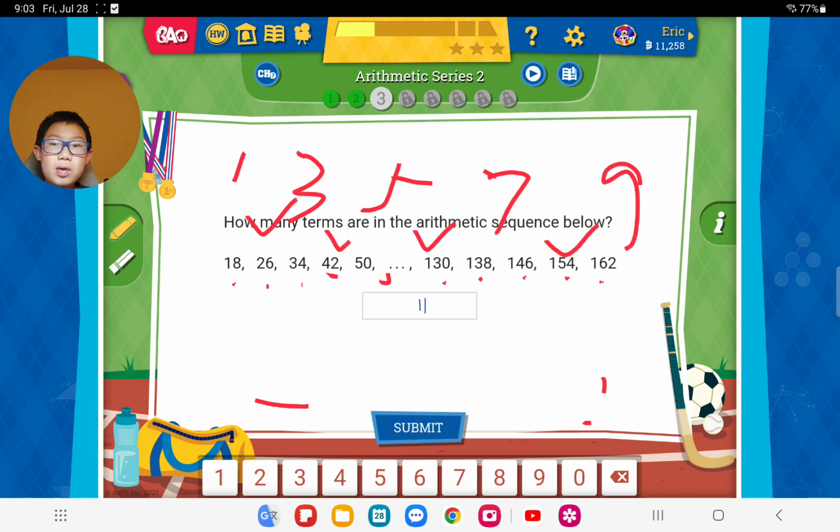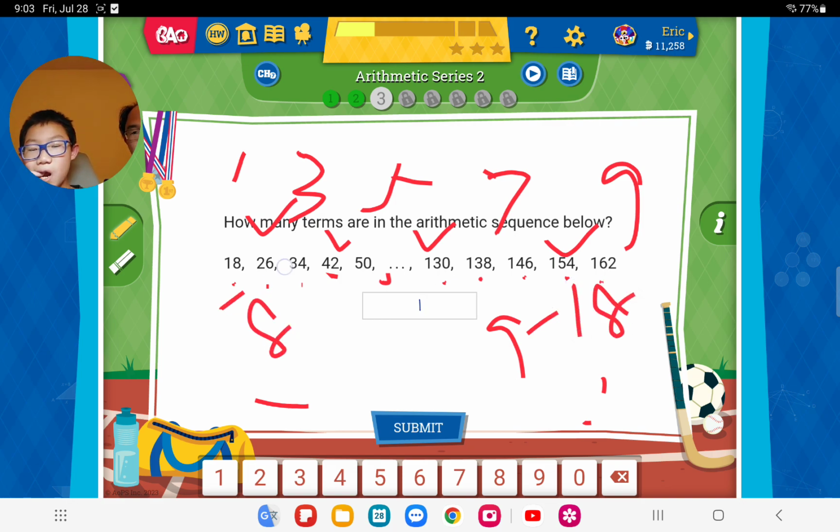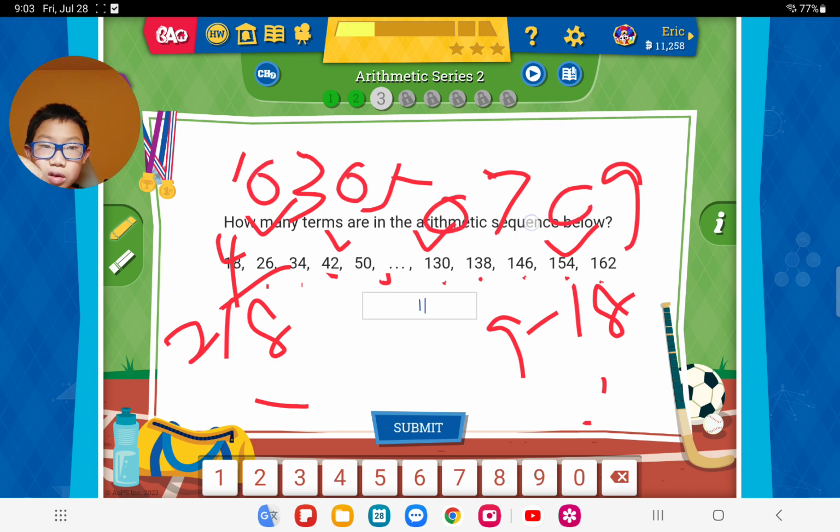See? 9 minus 1 equals 8. 8 divided by 2 equals 4. It means this is 4 differences. So how many numbers? 5. Yes. Okay, so there's 19.